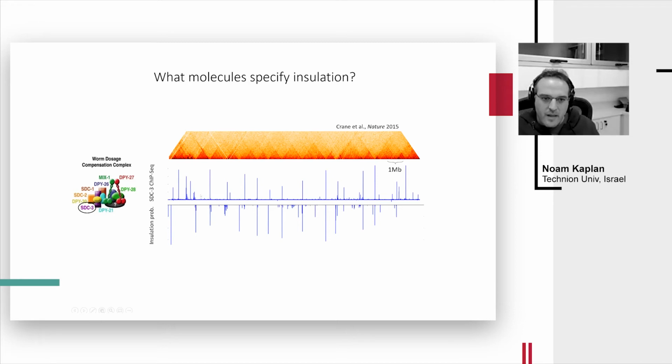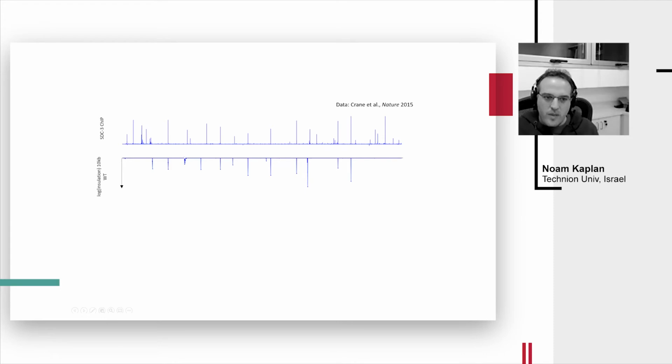Often it's just in a single bin with very, very high resolution, where the model tells us it thinks the insulation is located. Now, if you look at a ChIP of a subunit of the dosage compensation complex, you see that it very well aligns with at least some of the peaks that we find. In this case, this was already known, but this is a way to find a very good candidate. And in fact, when you look at these peaks and add a mutant where you knock down the dosage compensation complex, you see something quite interesting.